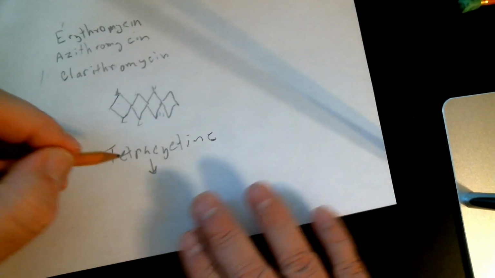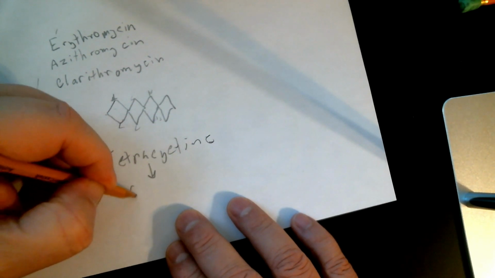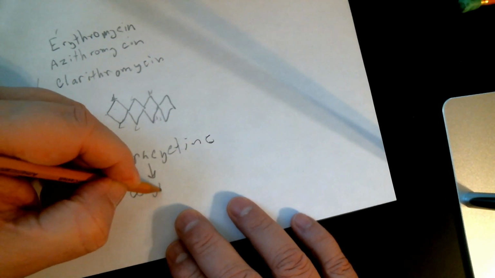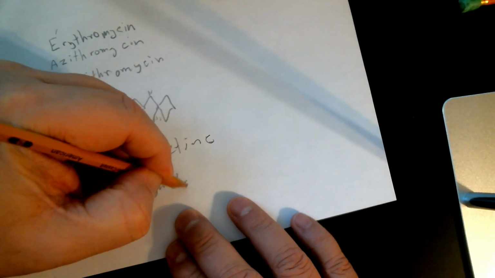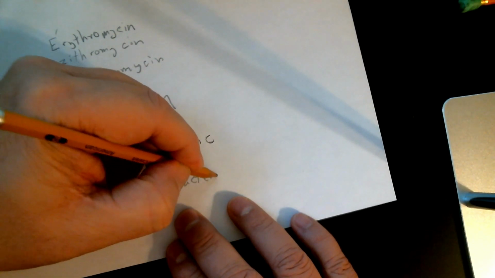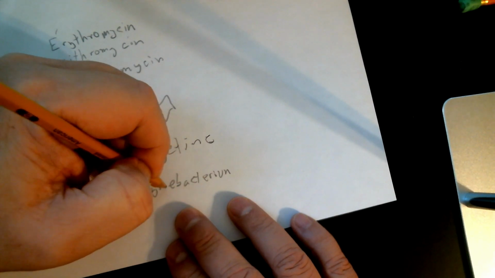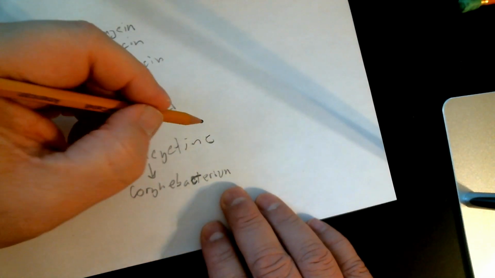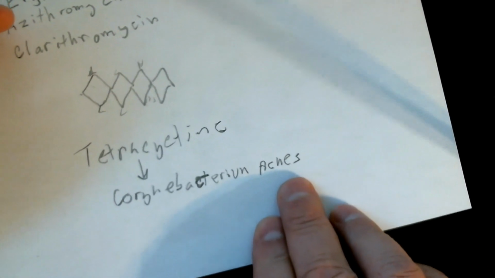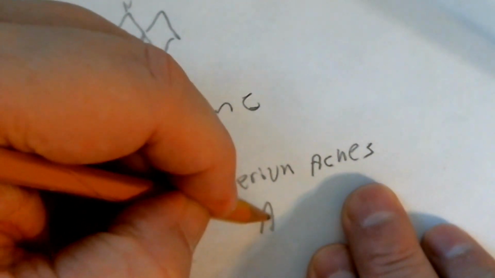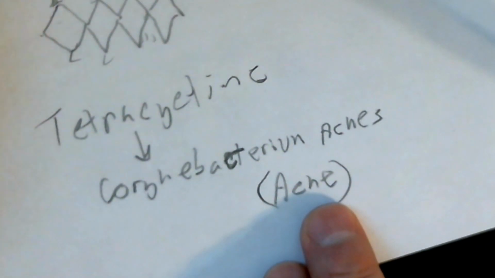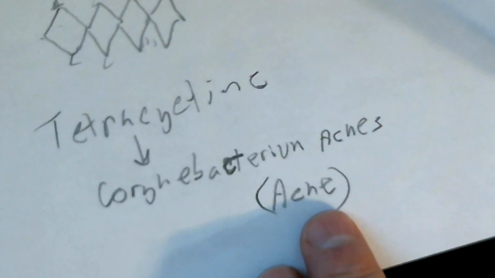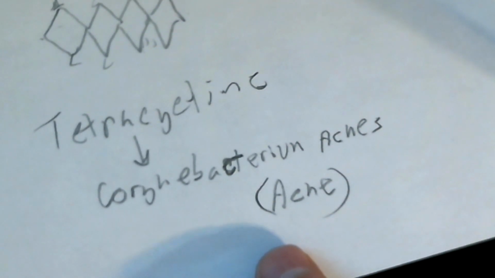They kill Corynebacterium acnes, that's a C, bacterium acnes. Acnes will give you what we're talking about, AC, acne, right? So tetracycline is the most effective antibiotic we have against this particular bacteria that causes acne.